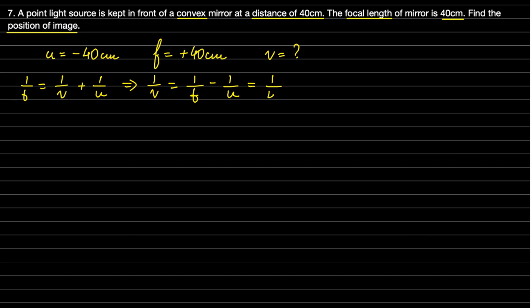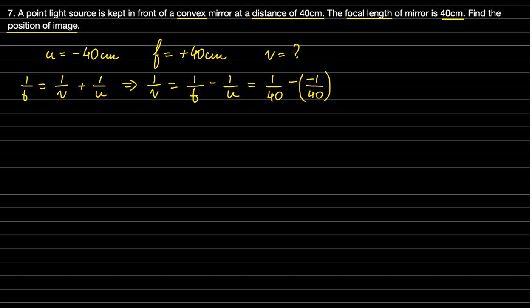So here I get 1 by 40 minus of 1 by U happens to be minus 1 divided by 40, and I would put brackets on both sides.